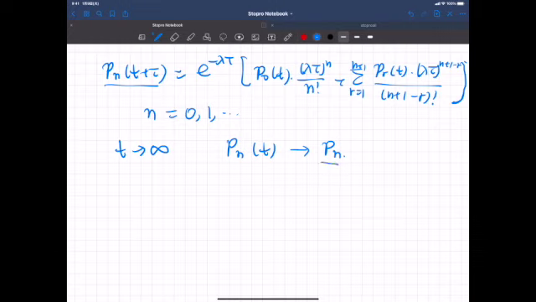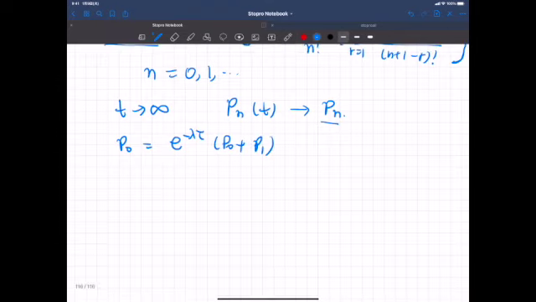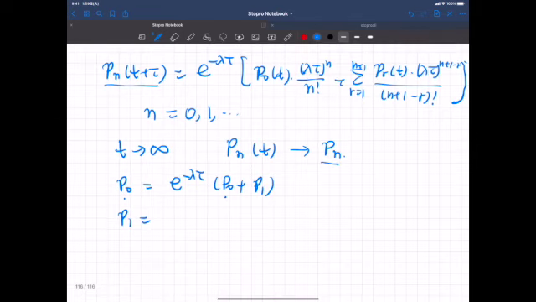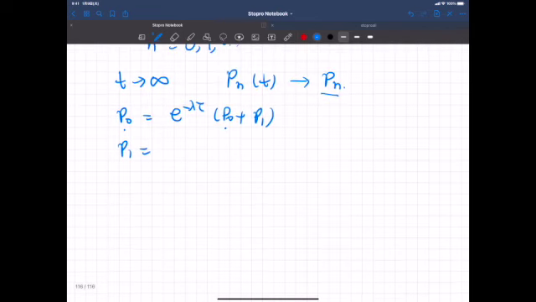So let's see. For P0 we have lambda tau P0 plus P1. Okay, so this P0 and this P0 are the same thing. And for P1, just replace n equal to 1.